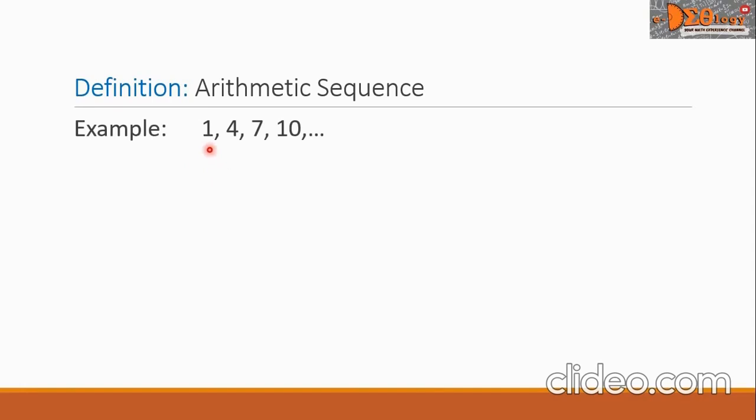First term is 1, second term is 4, third term is 7, fourth term is 10, so on and so forth. Or we may write a sub 1 is 1, a sub 2 is 4, a sub 3 is 7, a sub 4 is 10.